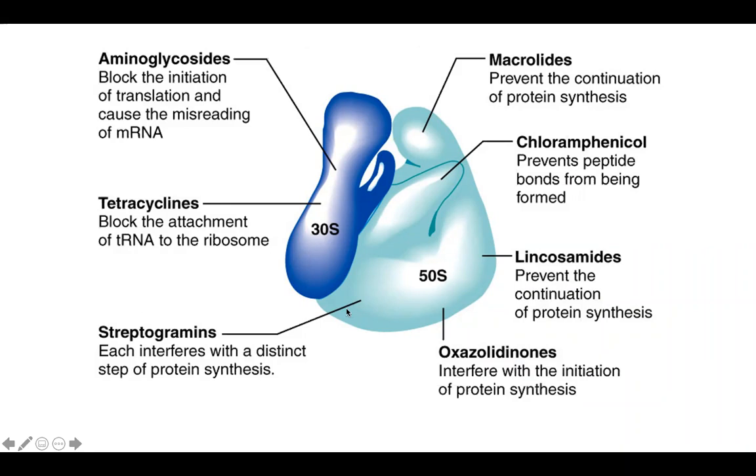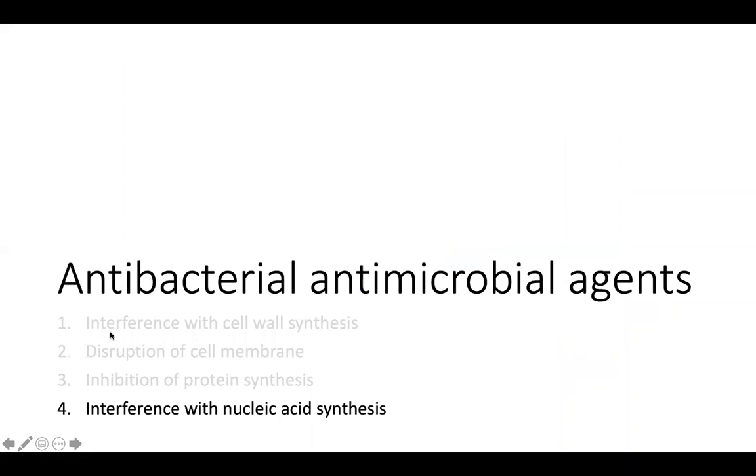The specifics at this level may not be very important because the details are a bit much, but you may go through them when you're looking at pharmacology, but probably not from the molecular biology point of view. For now, know what targets the 30S. You may know some of the details like blockade of transfer RNA, and also which ones act on the 50S subunit. Now, the other target is nucleic acid synthesis.